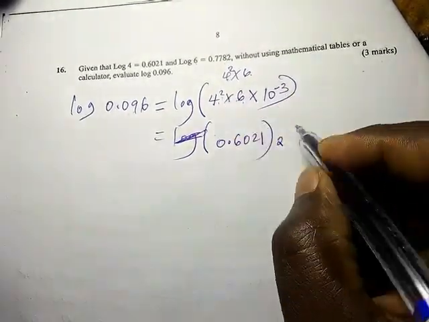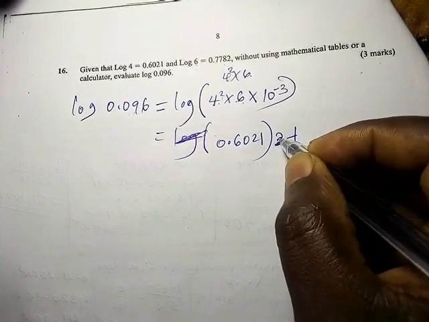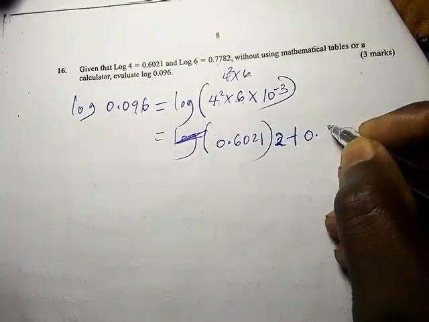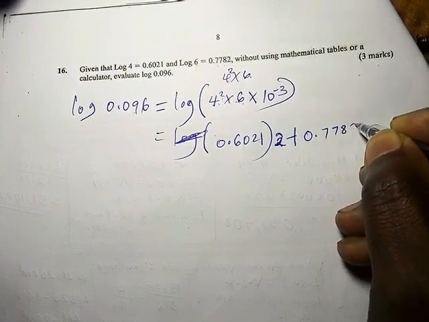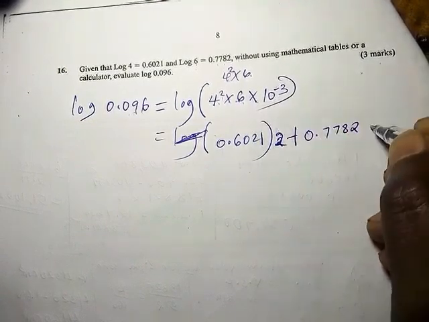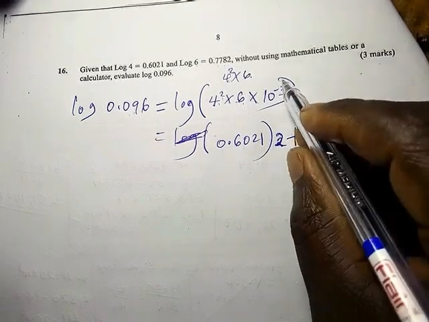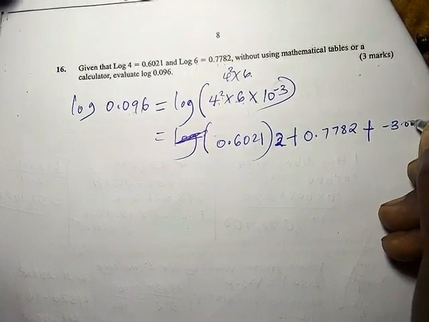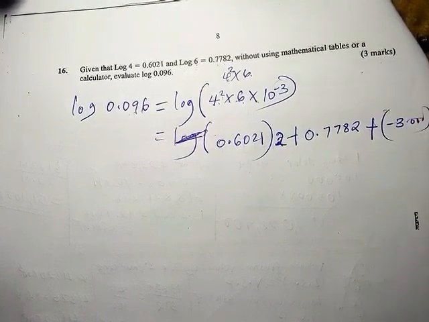And multiplication means you add. Log of 6 is 0.7782, and then multiply by this, that is, you add the power. The power is negative 3.